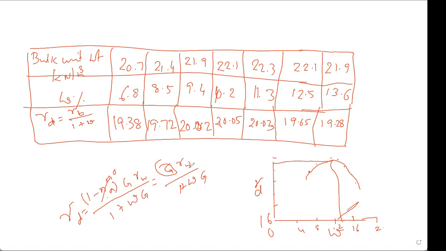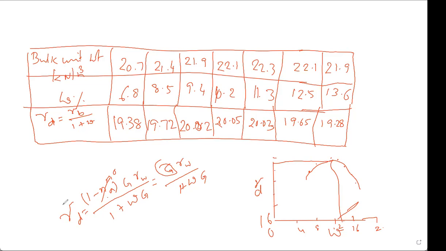Gamma W is known as 9.81 kilonewton per meter cube. Therefore, you'll get different values of gamma D for different values of omega. Then you have to plot that curve. Have you taken this equation? Write this equation first.